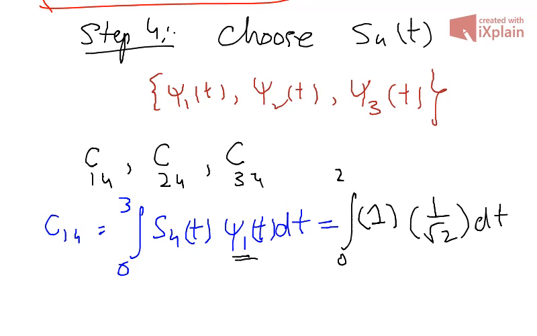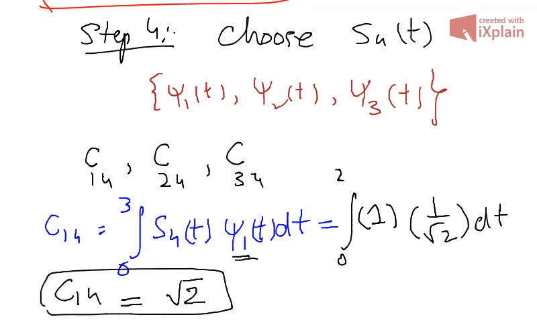We can compute this integral, and this integral is 2 over root 2, which would give us square root of 2. So if you solve it, you will get square root of 2. So the first inner product is here.